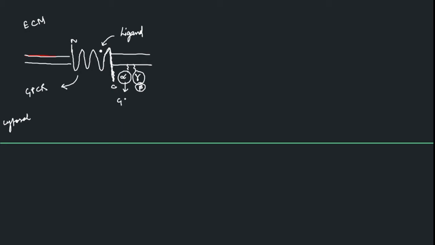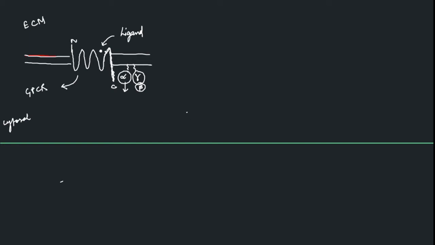So what happens is, first we know that when there was no ligand bound to the GPCR, the alpha subunit was having GDP. So the G protein was inactive, or the signaling pathway was off, right?